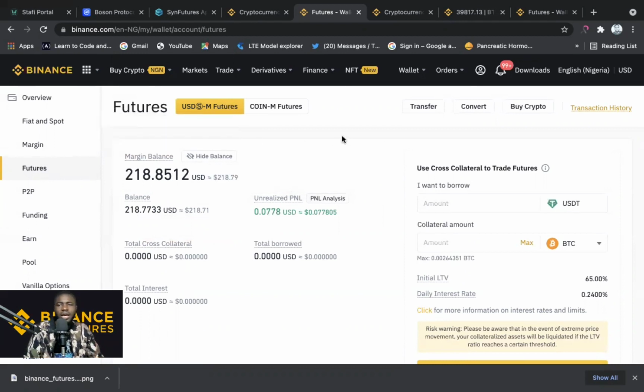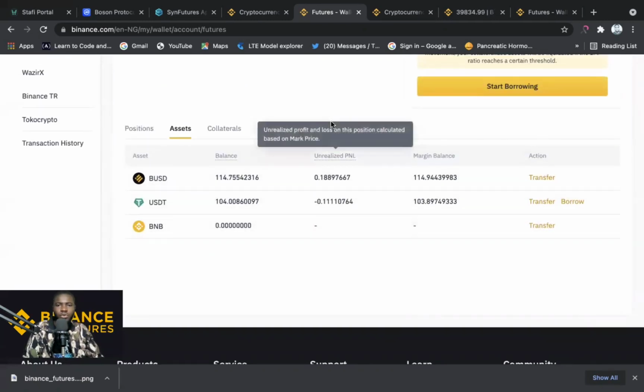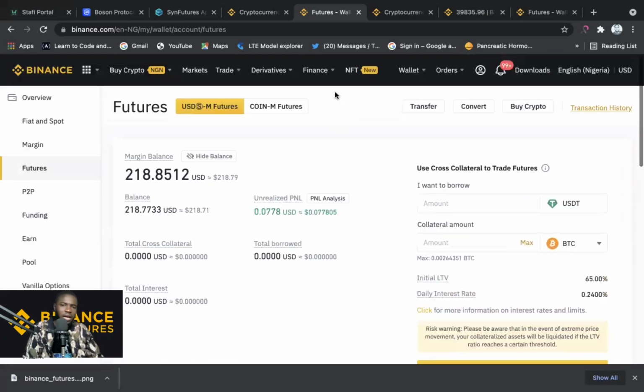But let's say I need more margin balance to basically stay in these positions. Let's say I'm at risk of getting liquidated, or I just want to fund my account with more margin, because the more margin balance you have, the lesser risk you are at of getting liquidated, right?